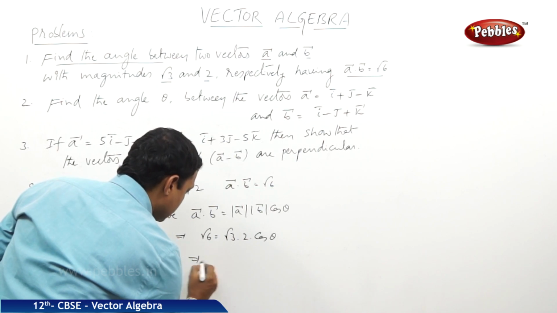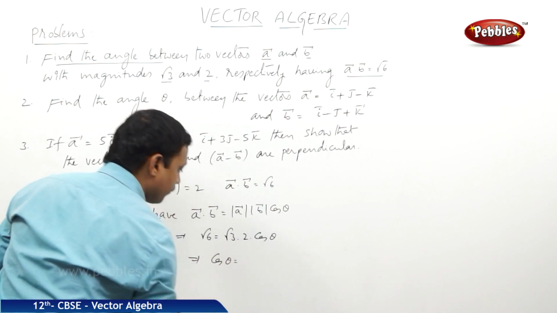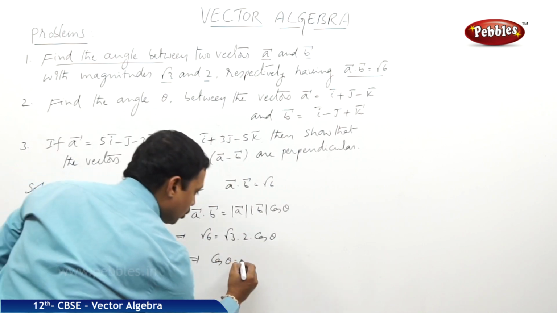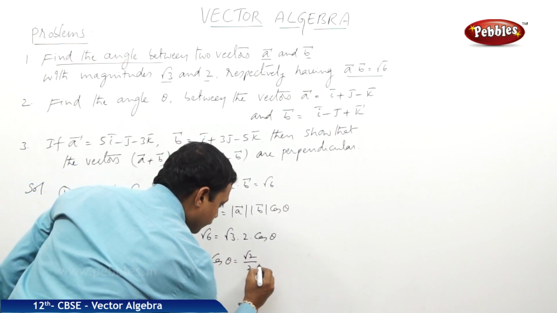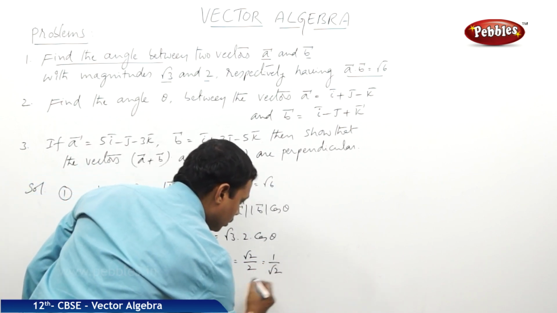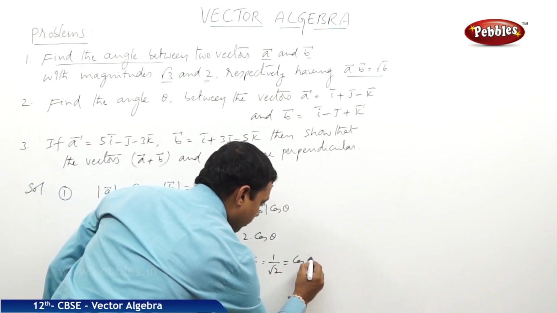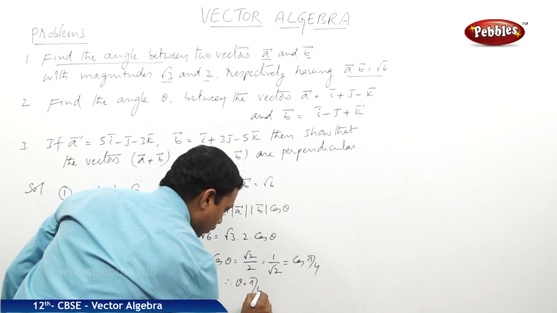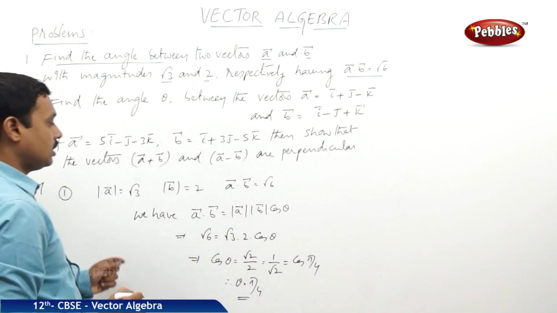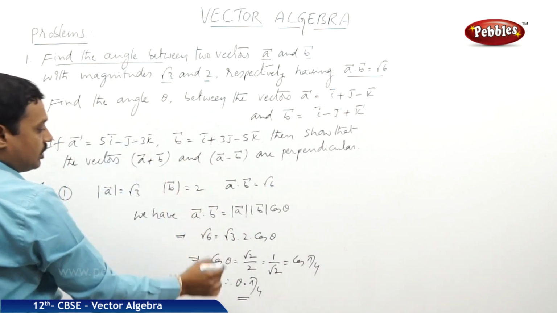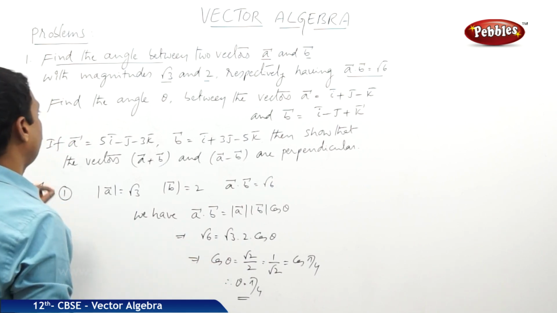So from this, cos theta is equal to, cancel root 3 in root 6, root 2 times by 2. But root 2 by 2 is equal to 1 by root 2, which is equal to cos pi by 4. Hence, theta is equal to pi by 4. What is theta? Theta is the angle between the two vectors. Hence, the angle between the two vectors is equal to pi by 4.